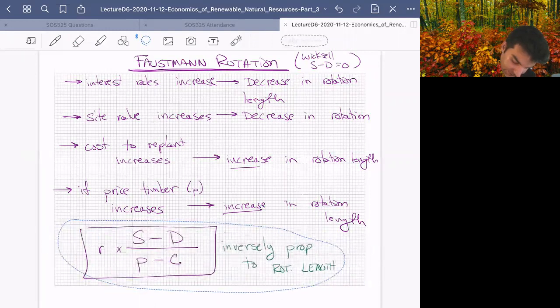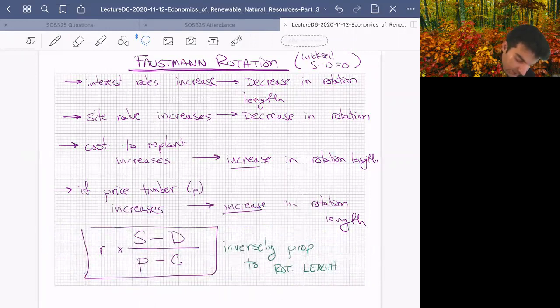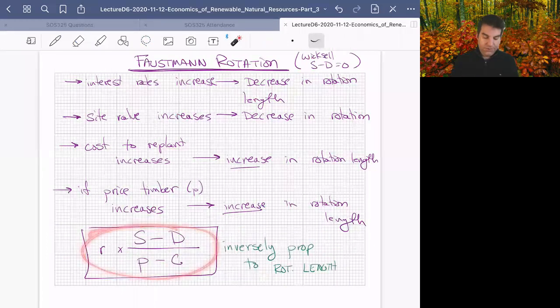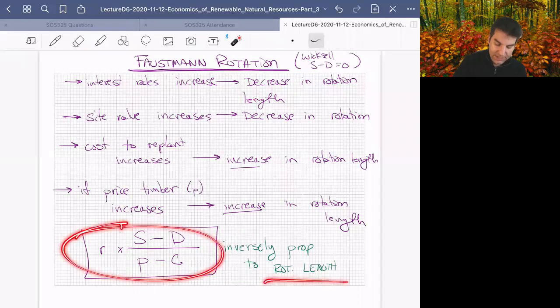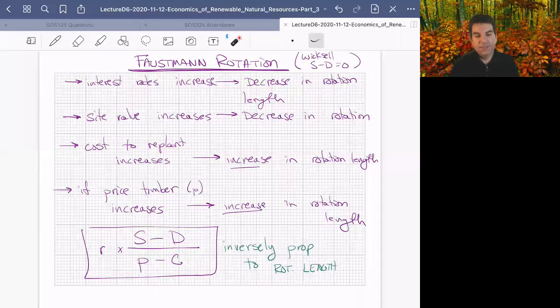And so with that, you can see that if anything causes this to increase, rotation length will decrease. If anything causes this to decrease, rotation length will increase. So they do the opposite thing.